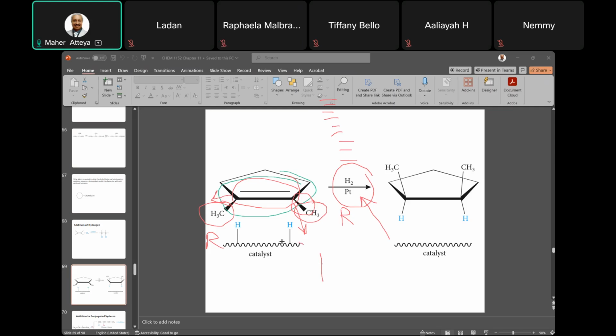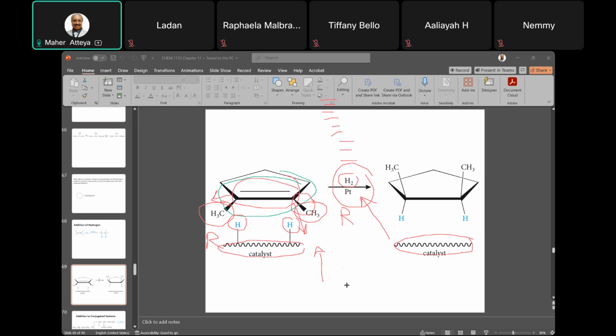So that's the catalyst here. The catalyst is carrying the hydrogen at its surface. That's the surface of the catalyst. Now the surface of the catalyst is holding what? The two hydrogen atoms. And then they will allow the reaction that cannot proceed without a catalyst.